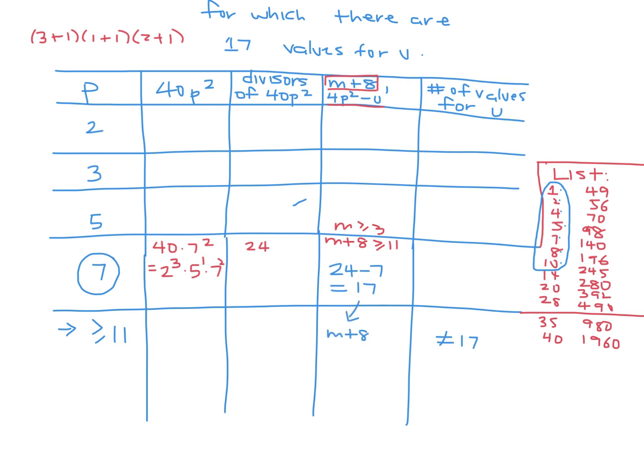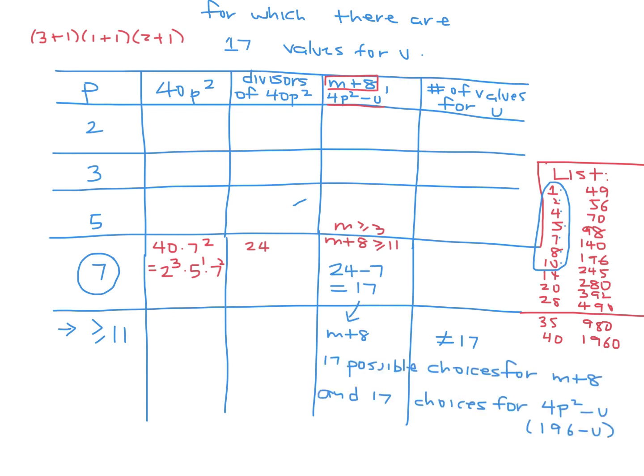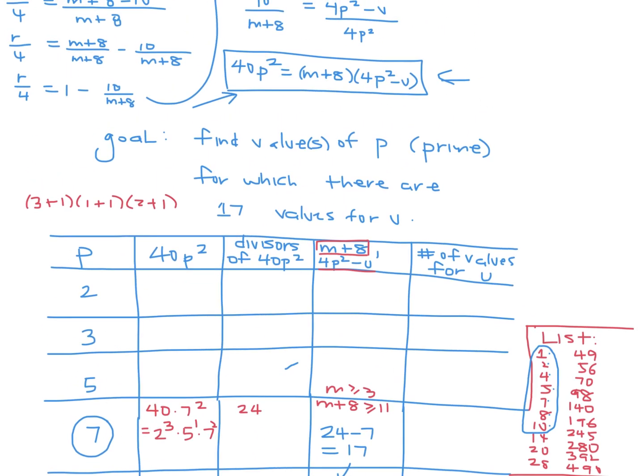Correct? And for each possible choice for m plus 8, there will be something for this 4p squared minus u. So I'll just write that out. So basically exactly what I said. There's 17 possible choices for m plus 8, and therefore 17 choices for 4p squared minus u. Because whatever you put in this equation for this guy, you will be able to put something for that guy. So 17 choices for this, 17 choices for this.